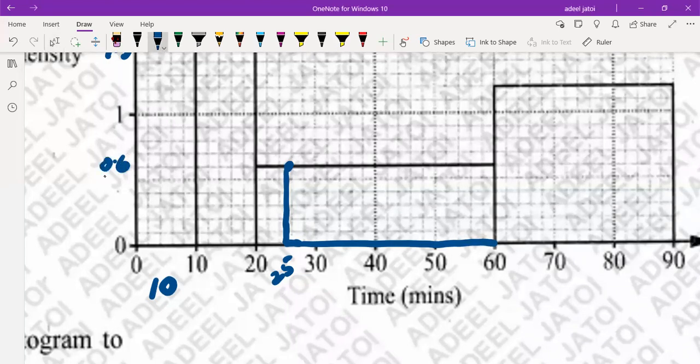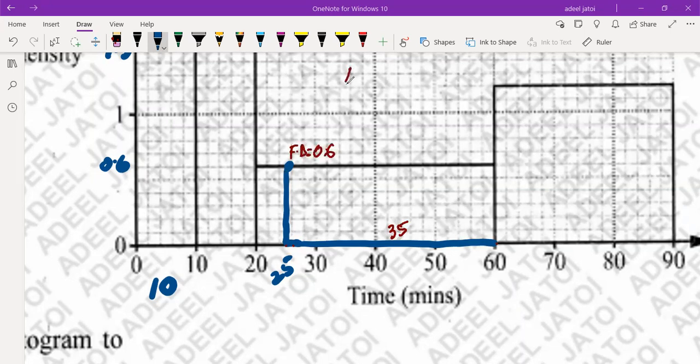To find the number of students between 25 and 60, which has a different frequency density, how many minutes do we have? We have 35 minutes altogether. This represents 35 minutes, and the frequency density is 0.6.